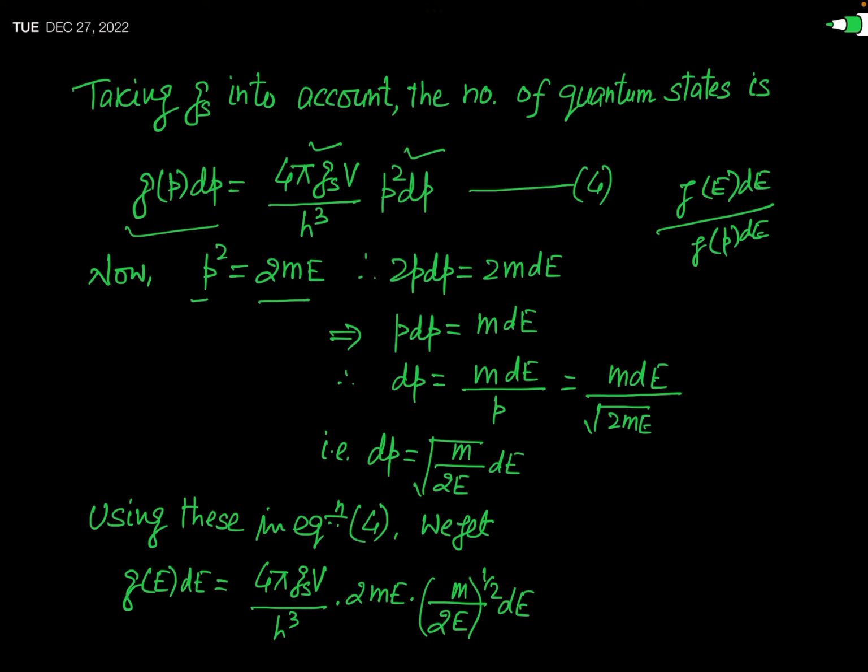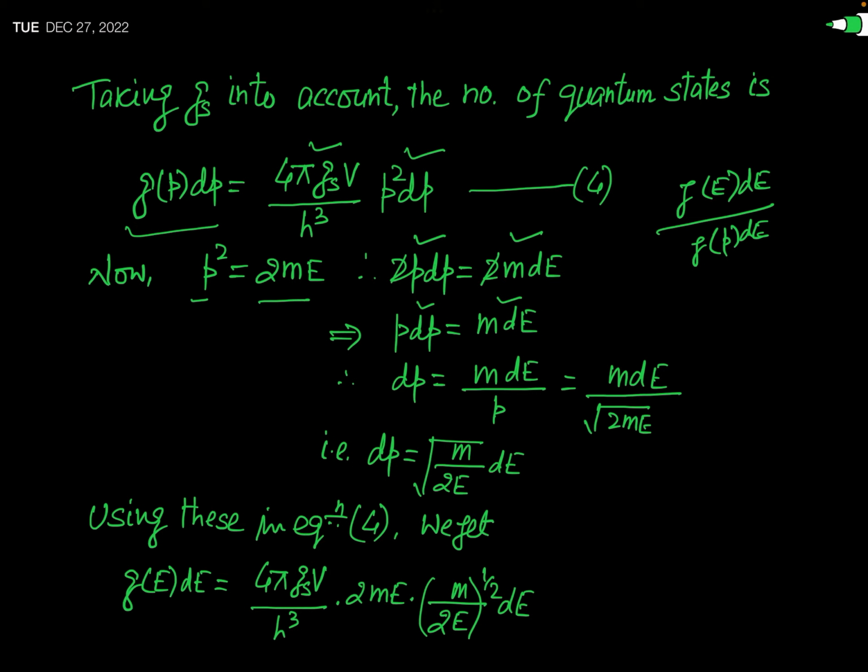You can see P square is 2mE. So when you take the differential, this will be 2P dP equal to 2m dE. Now let us cancel this 2 and 2. So you can see that P dP is equal to m dE, and this dP will then be equal to m dE over P. And again, instead of P you can write the square root of 2mE.